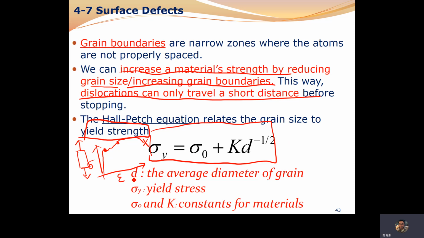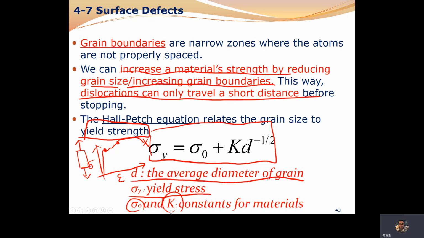The D here is the average diameter of the grain. We can measure it from the microscope, and sigma Y is the yield stress. We can measure it from the tensile test, and sigma naught and K are constants for different materials. For engineers, we like to put all those unknowns into constants.